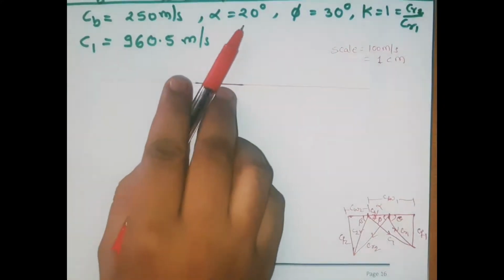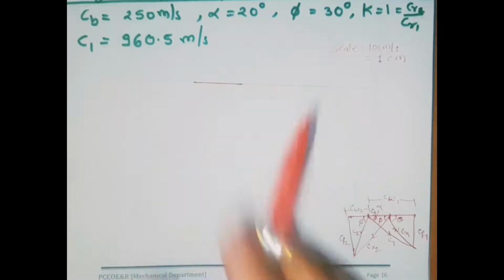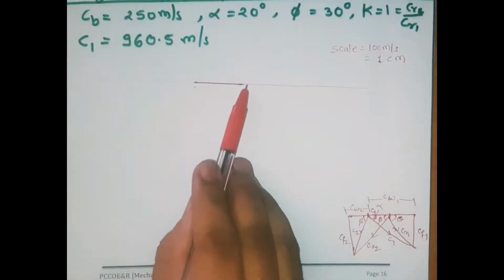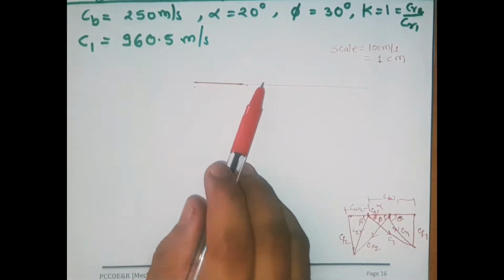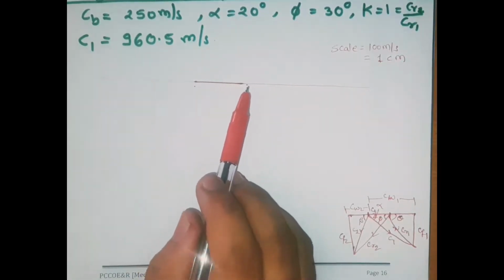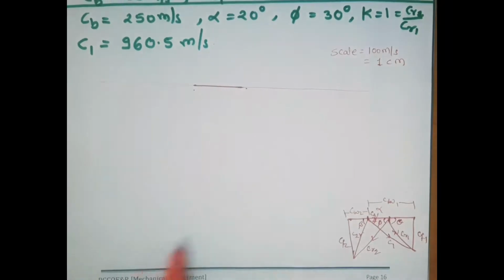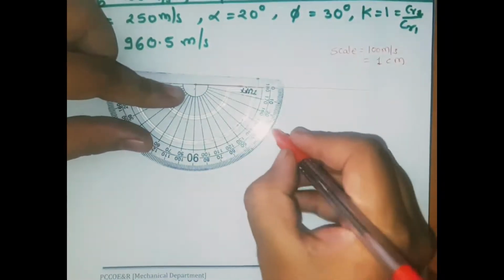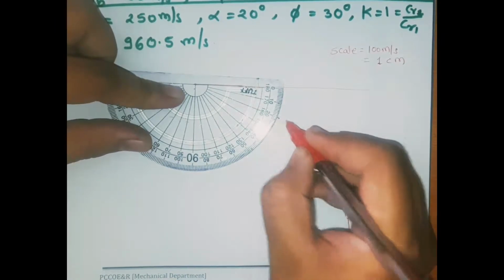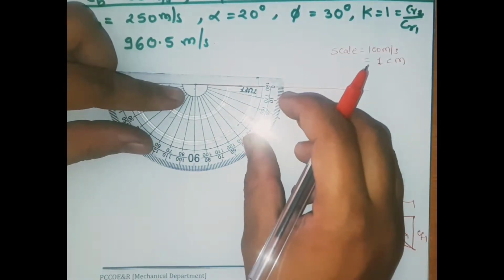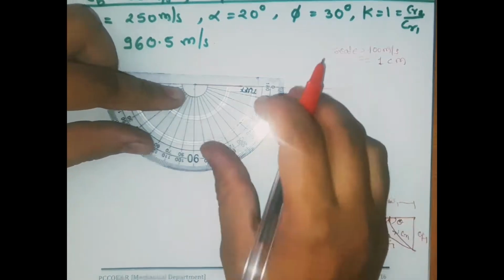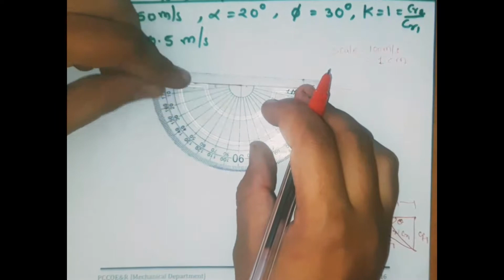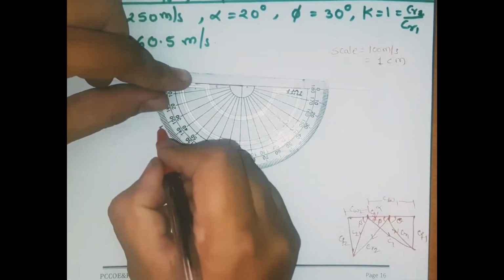Now let's mark alpha and phi. So from this end it will be alpha and from this end will be phi. So alpha is 20 degree and phi is 30 degree.